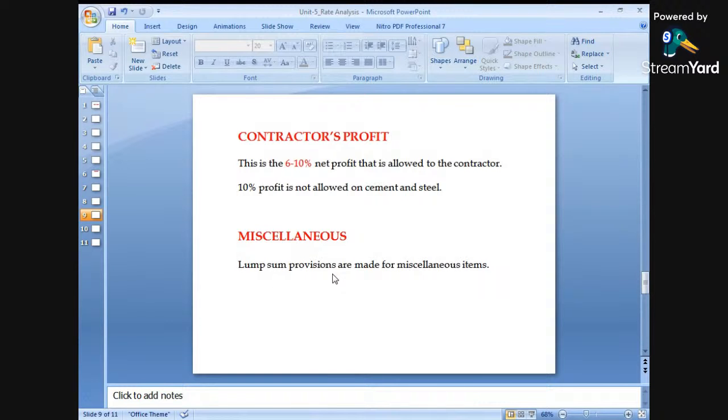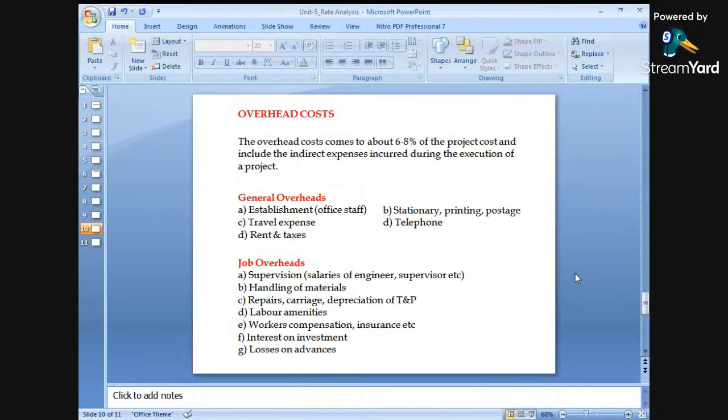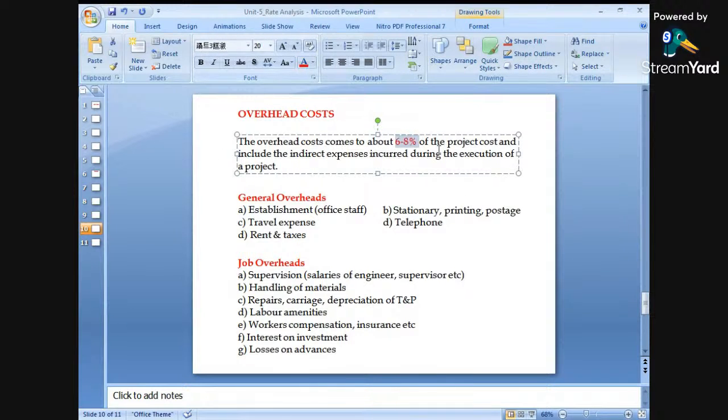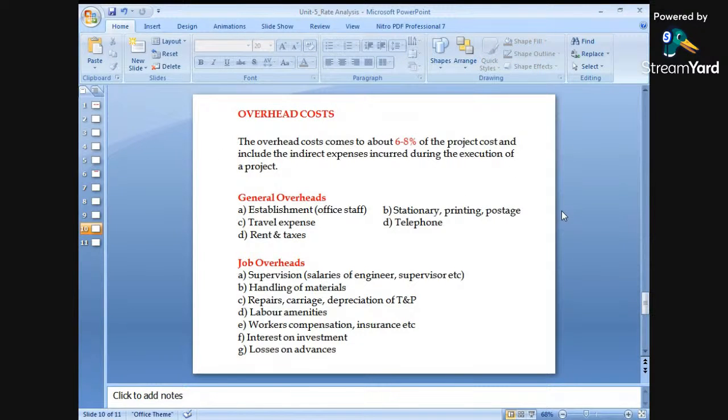Again, miscellaneous things are to be added for the rate analysis, that is lump sum provisions made for miscellaneous items. Overhead charges or overhead cost will also be included in the rate analysis. The overhead cost comes to about 6 to 8%. This includes the indirect expenses incurred during the execution of work.